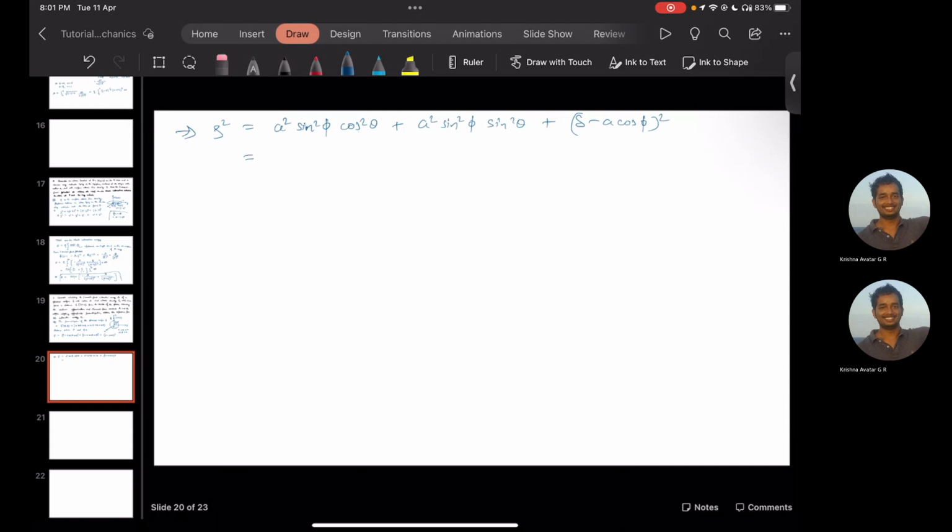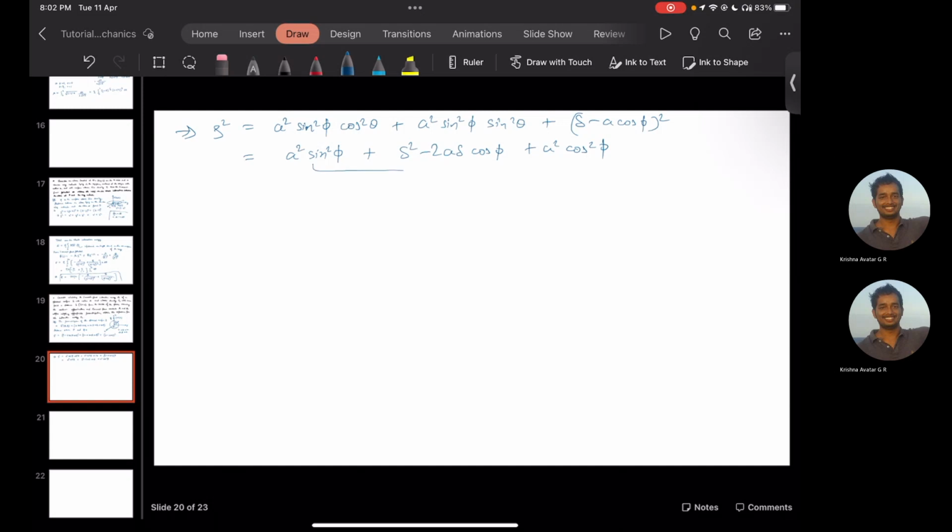And this we can write as, for the first two terms, a squared sine squared phi is a common factor, right? And then cosine squared theta plus sine squared theta is 1. So then plus del squared minus 2a del cosine phi plus a squared cosine squared phi.